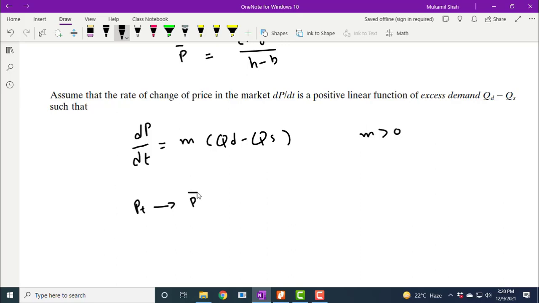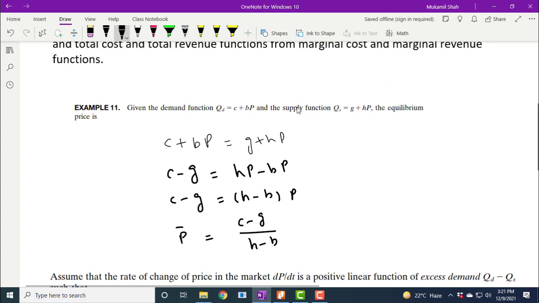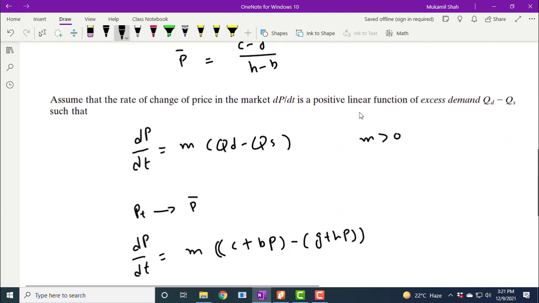So if we substitute the value of QD and QS in this equation, it will become change in P due to change in time is equal to M times, since we know that QD is equal to C plus BP, minus G plus HP. This is from over here. If you look into it, this is your QD and this is your QS.